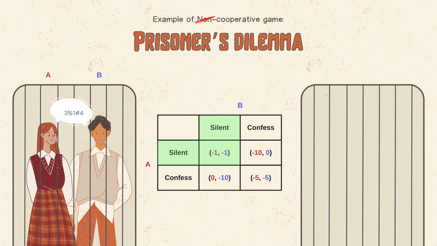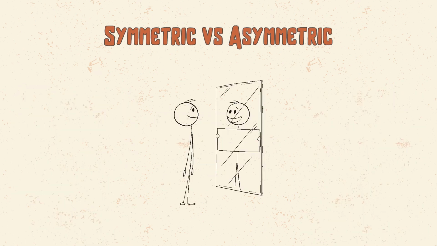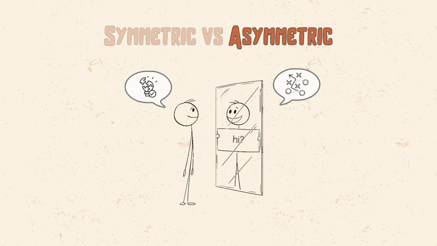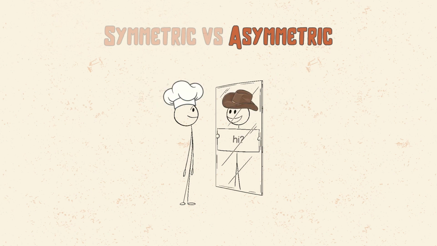Another way to classify games is by whether they are symmetric or asymmetric. A symmetric game is one in which the players are identical in terms of their strategies and payoffs. An asymmetric game is one in which the players are different in some way, such as having different strategies, payoffs, information, or roles.